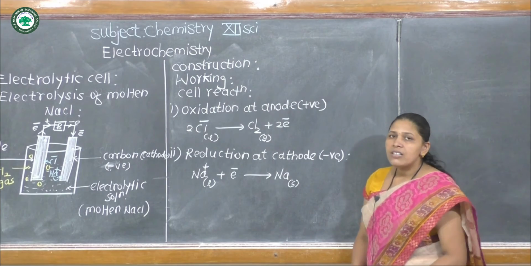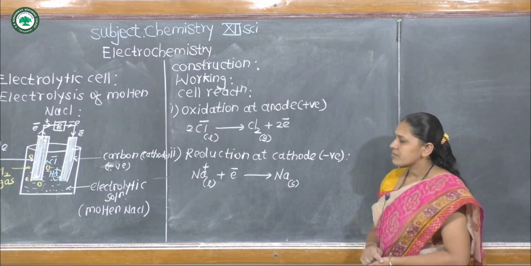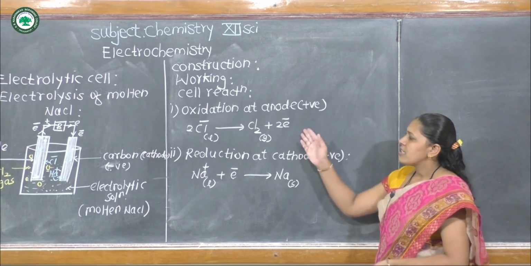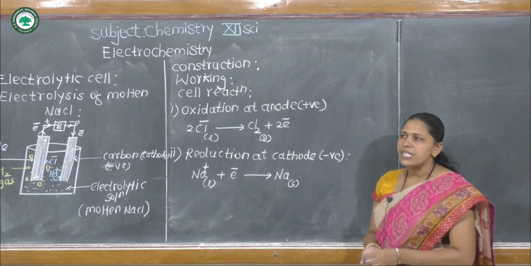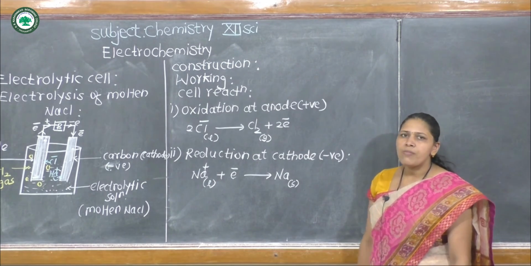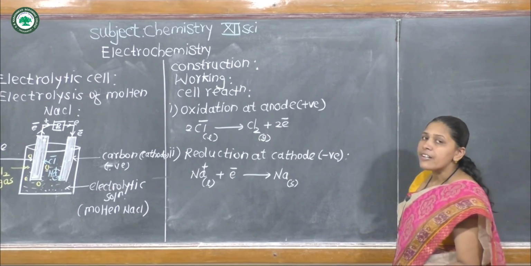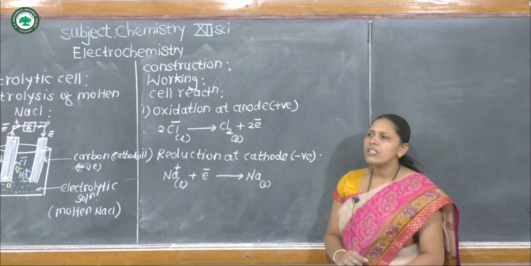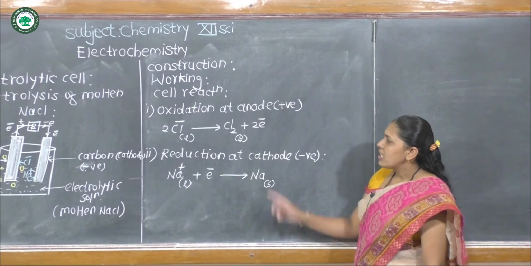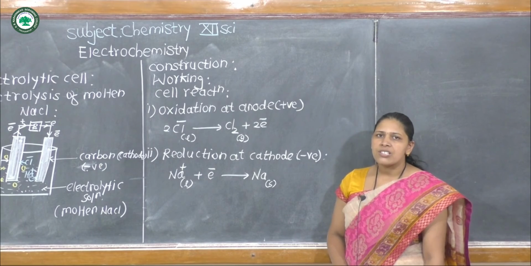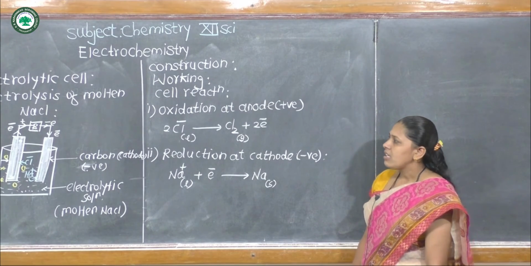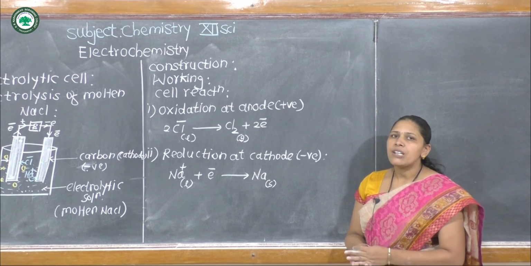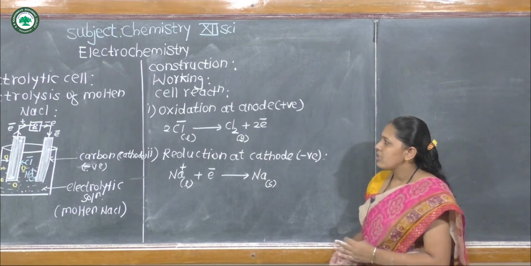Then what is the net cell reaction? We know that in an electrolytic cell a redox reaction takes place. That means oxidation and reduction take place simultaneously. Therefore, by addition of the oxidation half reaction and the reduction half reaction we get the net cell reaction. For writing the net cell reaction, the electrons in both reactions must be equal. If not equal, then we have to multiply by a suitable numerical factor to equalize the electrons.